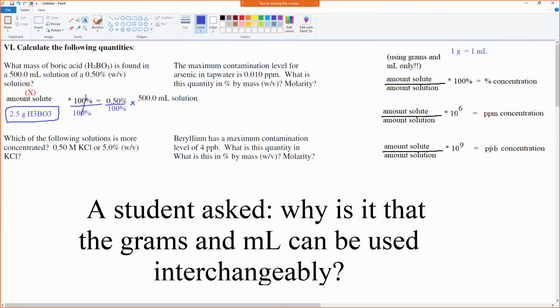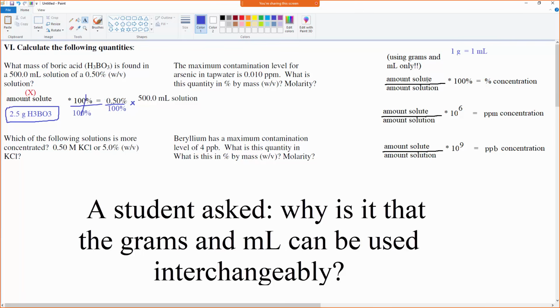And especially it really works with these very low concentrations, which have mostly pure water in them. So because the density of water is 1 gram per milliliter, then we look at them as being equal. So it's like they cancel almost.